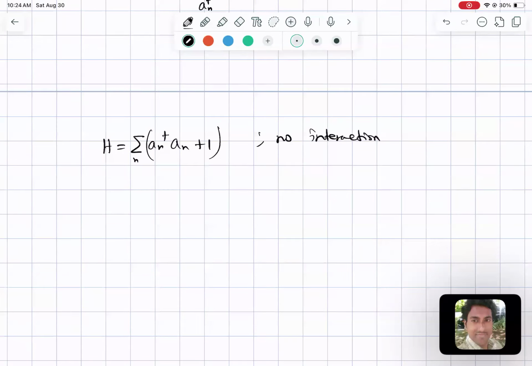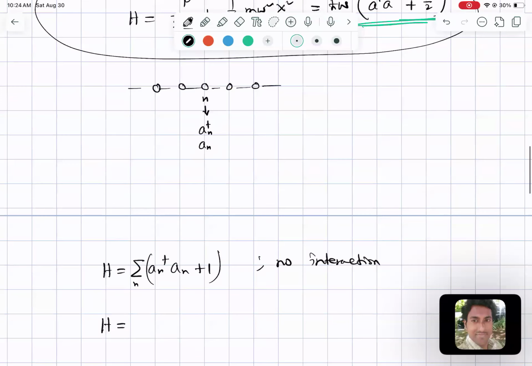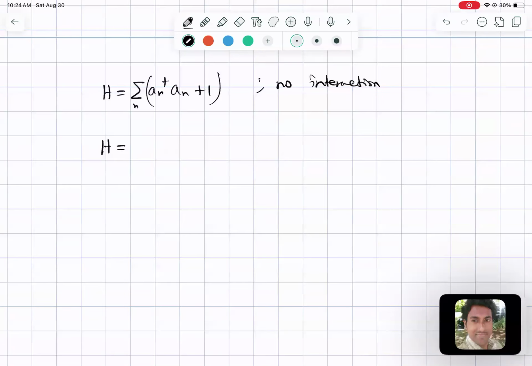But to get the bands, we need to include the interactions. With interaction, the idea is that the nth atom or site interacts with the next neighbor, n plus 1. The way to write that interaction here is: you have a dagger a plus a half, or plus 1, it's just a shift.